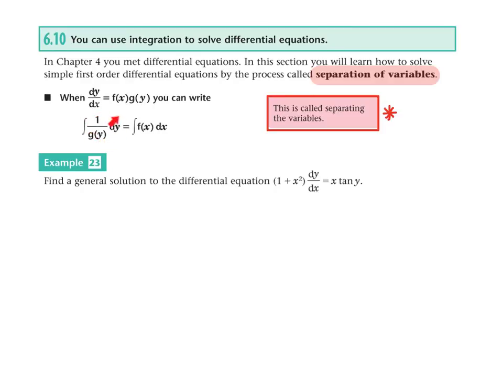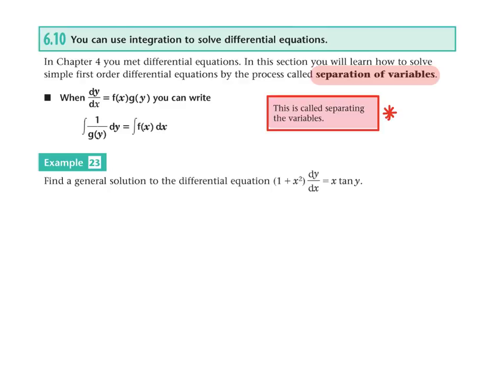If we take the y's to one side and the x's to the other side, we get two separate integrals, and then we can integrate and get back to where we started. So this is called separating the variables, and it brings together every technique that we've used in integration.